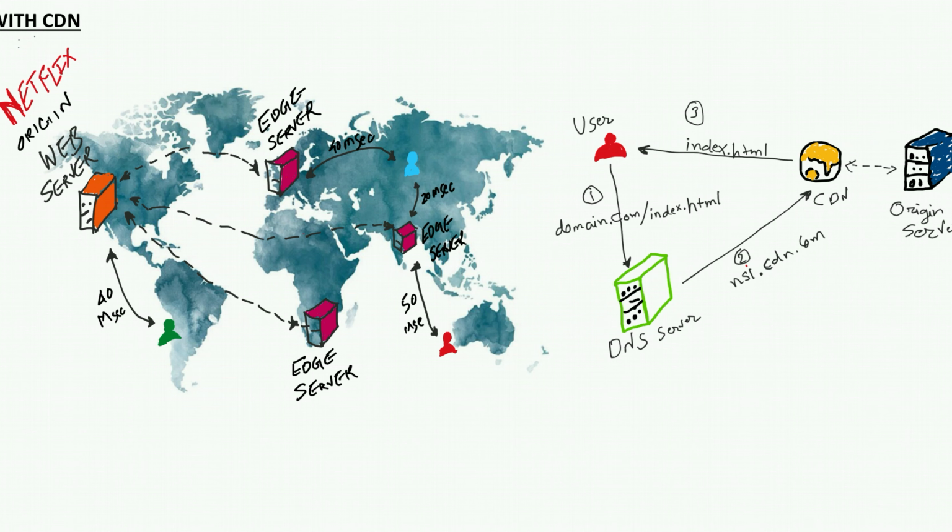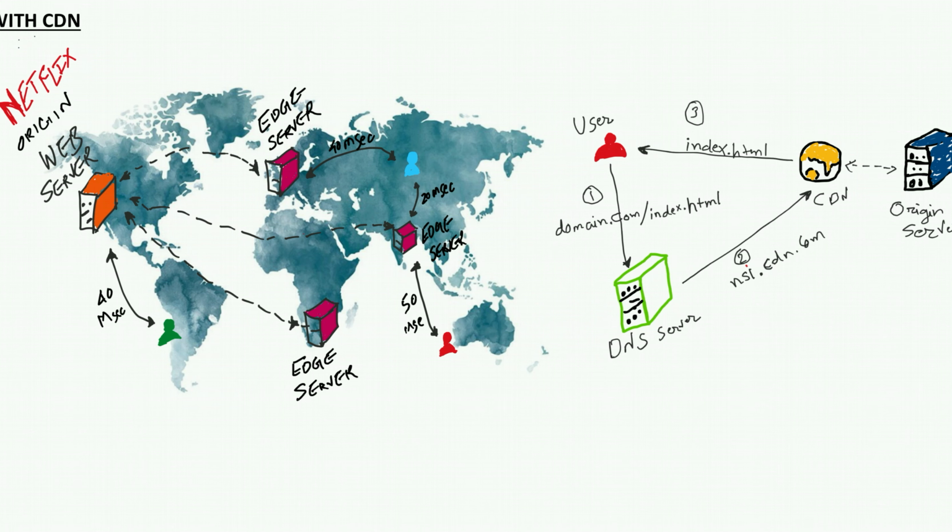So, the root domain entry configuration has to be modified, and those of the subdomains as well. For our root domain, we have to change its A record, which points to one of the CDN server's IPs, and for each subdomain, modify its CNAME record.